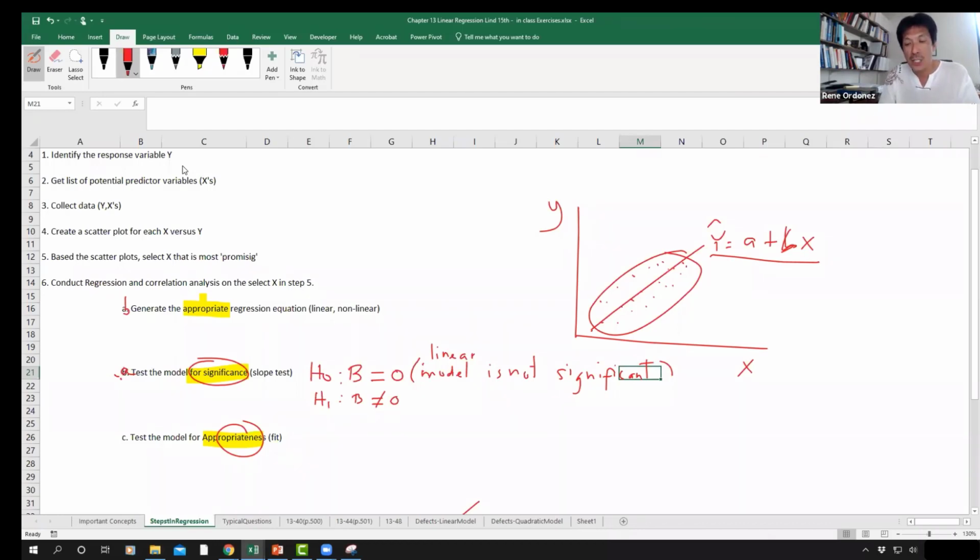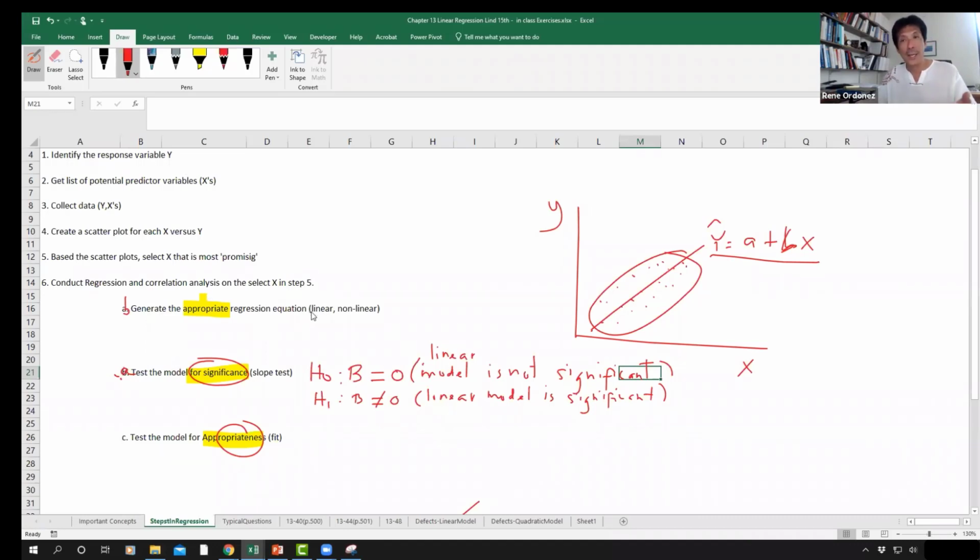The interpretation of the alternate hypothesis is that the linear model is significant. We can use the p-value at this point to make such a conclusion.